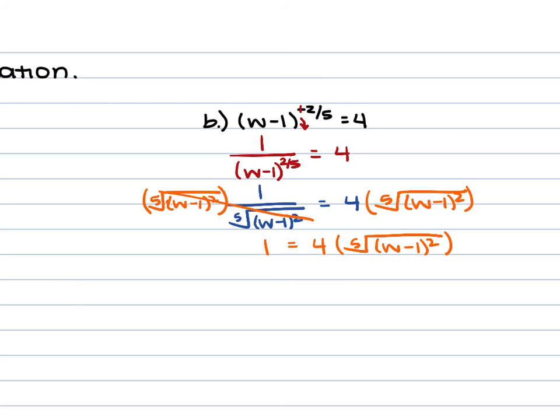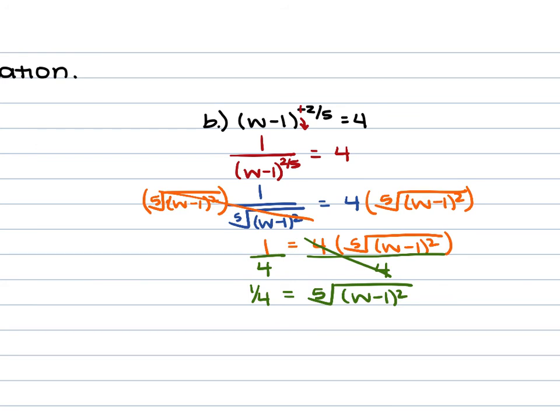From here, I have 4 being multiplied by this radical. Instead of multiplying it, we're going to divide it on each side to move it over, because I don't want it to be multiplied to that radical. So this is going to leave us with 1/4 is equal to the 5th root of (w - 1) squared.